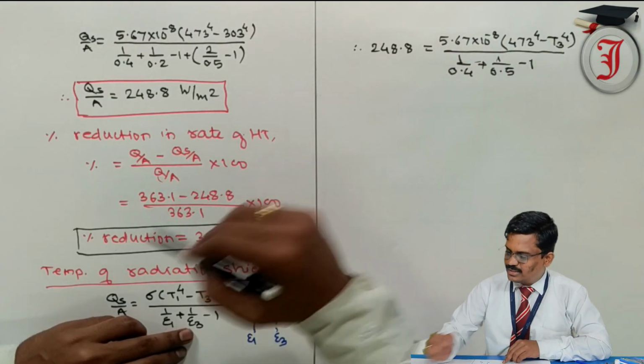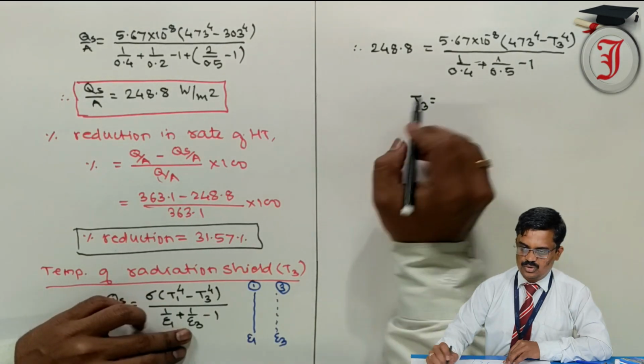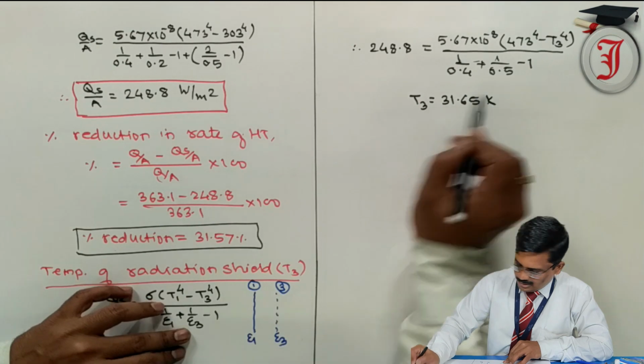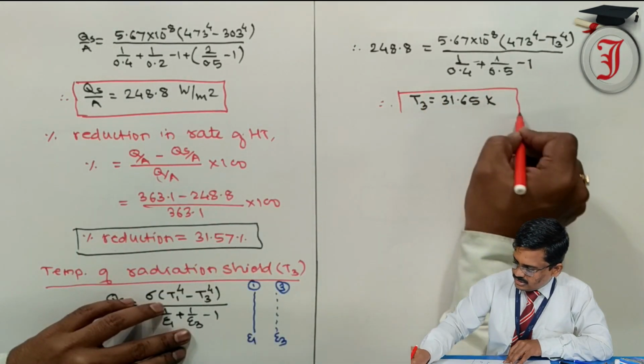When we calculate this, we get the temperature of the shield T3 equal to 31.65 Kelvin, which is the temperature attained by the radiation shield.